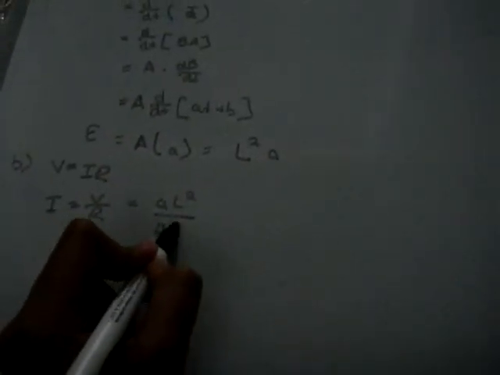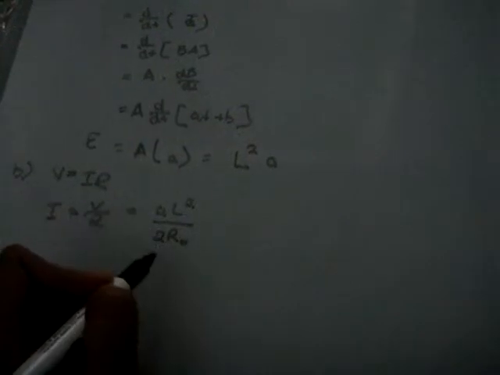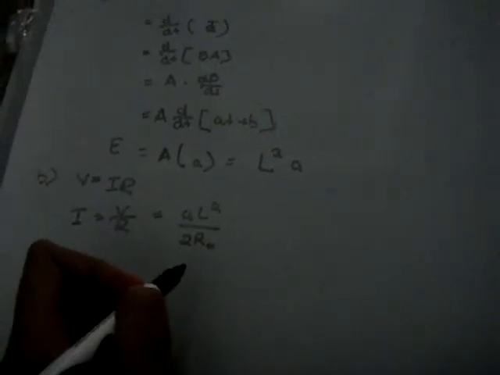Now we have to divide by the resistance. The resistance, however, we know is R initial for one of the light bulbs. We want to know the current through this one, so you have to include both of them. So we would have 2 R initial, and that is the current.